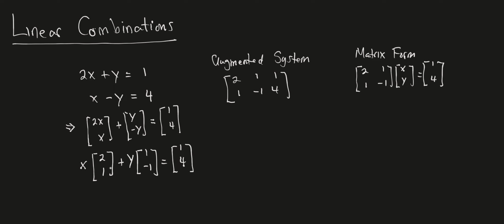So basically, finding the solution to this system is equivalent to finding the scalars such that when I multiply this vector by the scalar x and then add to that the product of this vector and this scalar, I get this vector as my solution. In other words, I want to find these scalars so that when I perform the operations on the left, I will get the vector that's on the right.